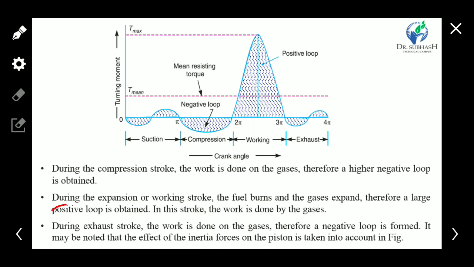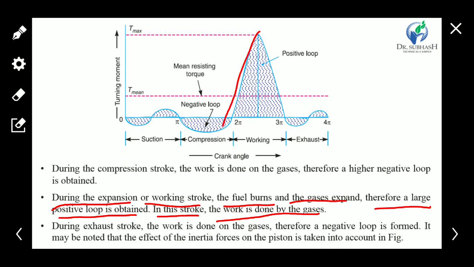Now during the expansion or working stroke, the fuel burns and the gases expand, therefore a large positive loop is obtained in this stroke. The work is done by the gases, generated due to the burning of gases. The gas is burned and work is done by the gases on the engine. So a large positive loop is generated as shown in the figure.